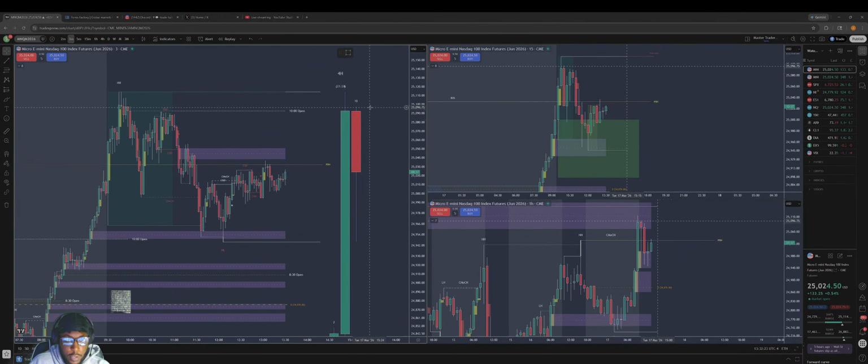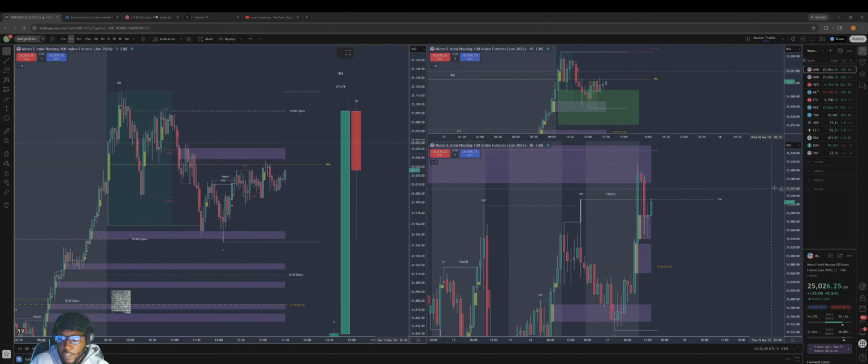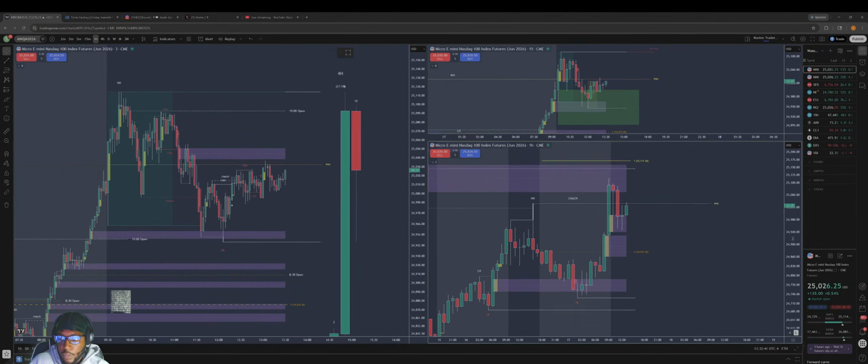I have all these time frames pulled up so I can get a very clear picture of what the market is doing from the higher time frames all the way down to the lower time frame.